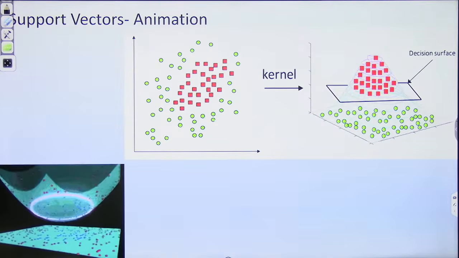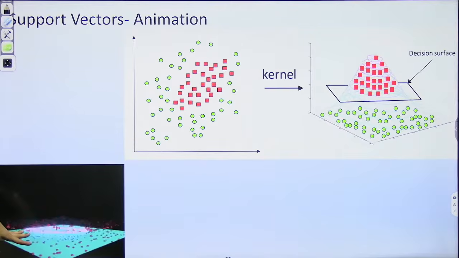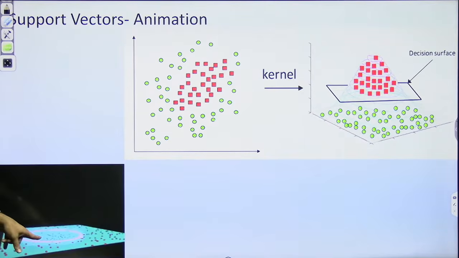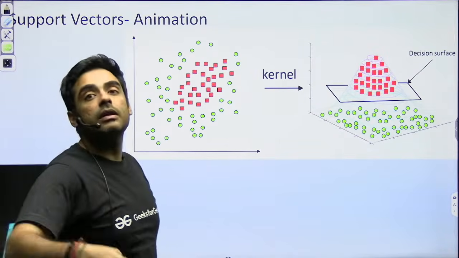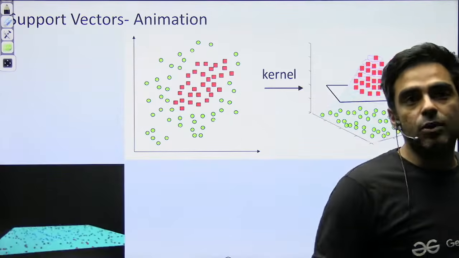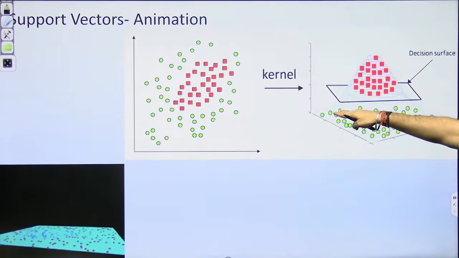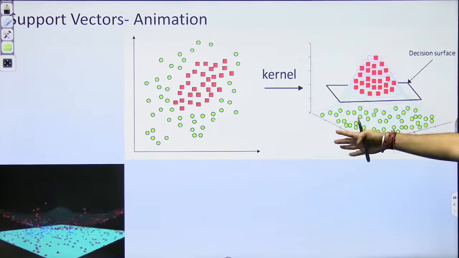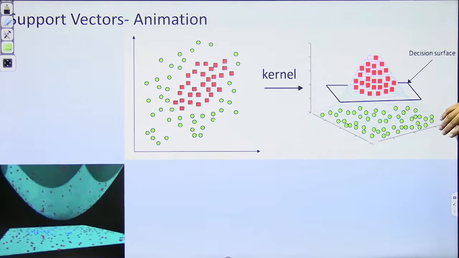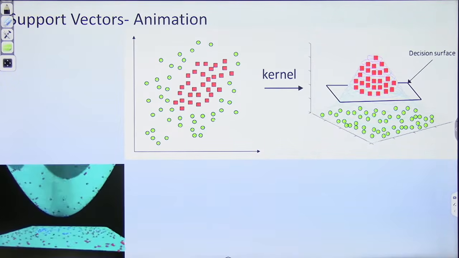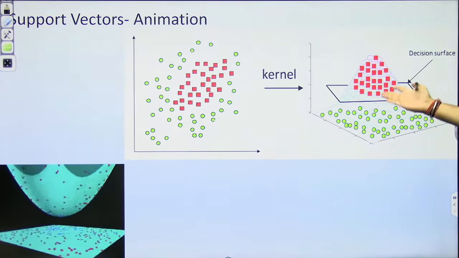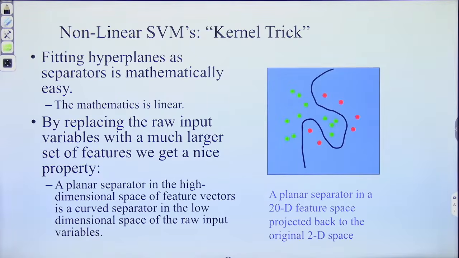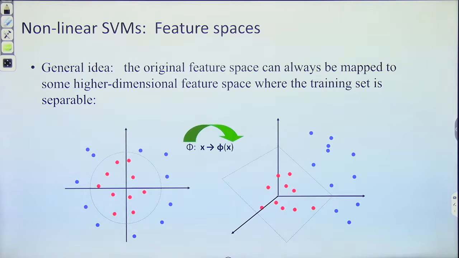So for this type of data, we use the kernel trick. We use kernels. Kernel maps the points onto a higher dimensional space. Kernel basically is a mapping function; it does nothing else, it just maps.